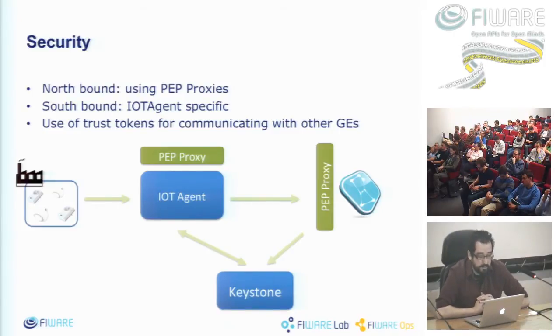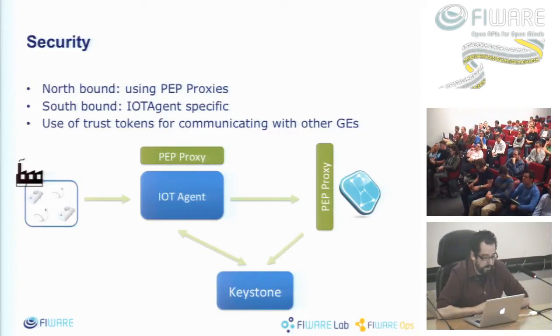First of all, in the southbound, the interaction between the devices and the IoT agent, and its security, is IoT agent specific. In the case of CoAP, you will have to use DTLS. If you use another protocol, you may use authentication, SSL. That's up to the particular IoT agent, so we are not going to explain this in these slides.